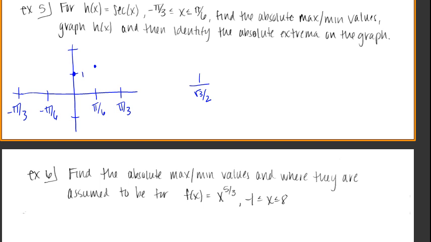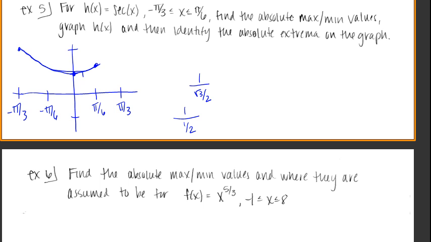Then at -π/3, the other endpoint, it's 1 over the cosine of -π/3, which is a half. Switching that around, we get 2. So my graph is a curve coming down, just going from here to here.